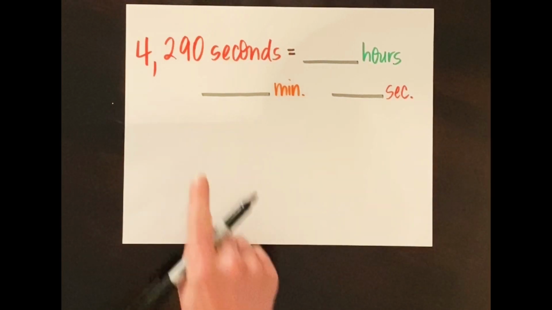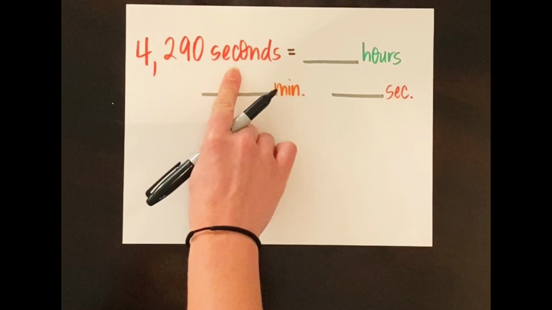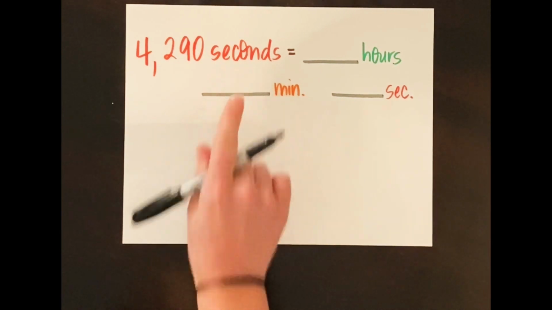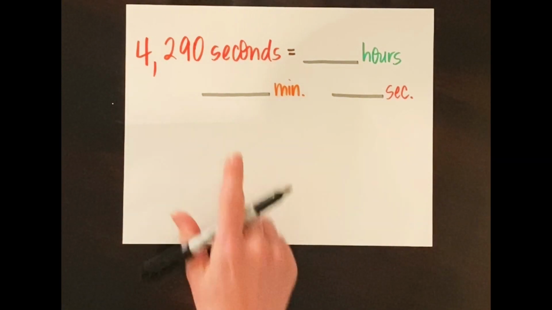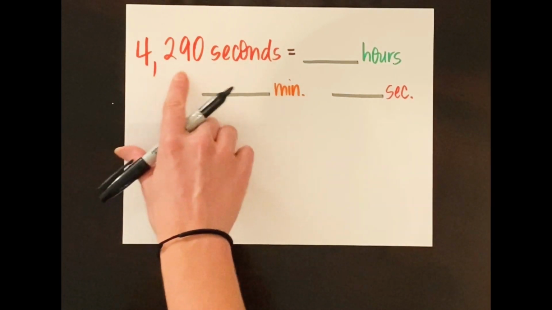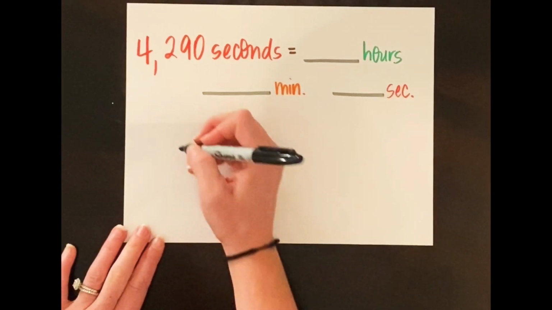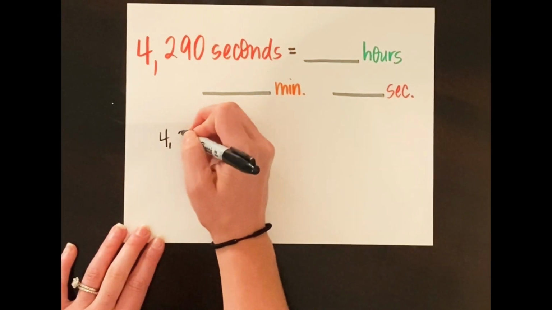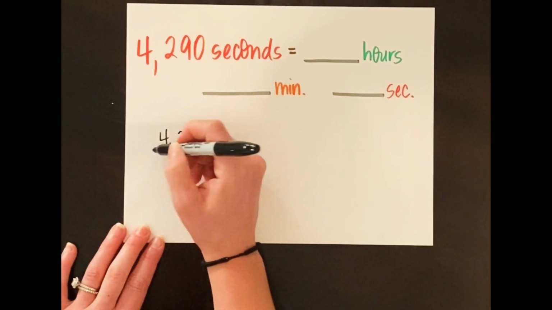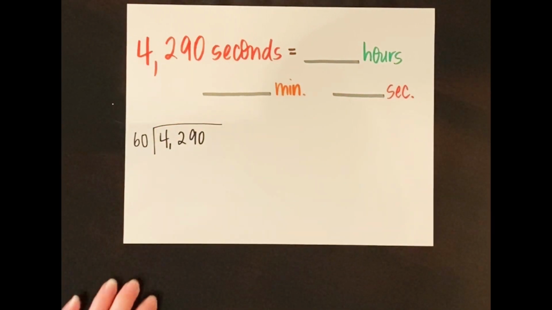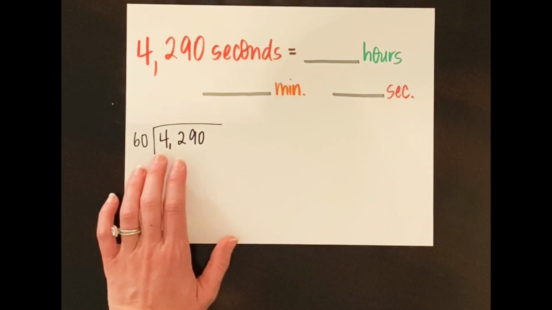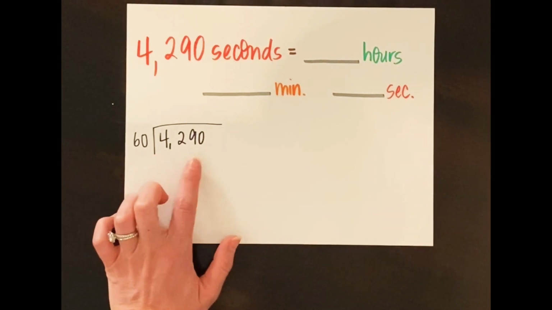So I have this many seconds, and I know that it takes 60 seconds to make a minute. So I'm going to use division to figure out how many minutes is this amount of seconds. So 4,290 divided by 60 seconds. So to do this, I'm figuring out how many minutes are there in this large number of seconds.